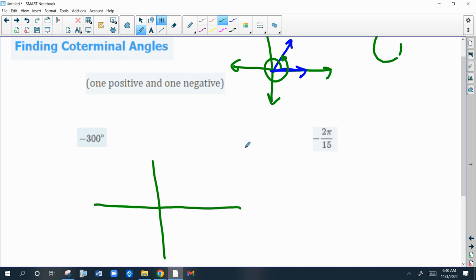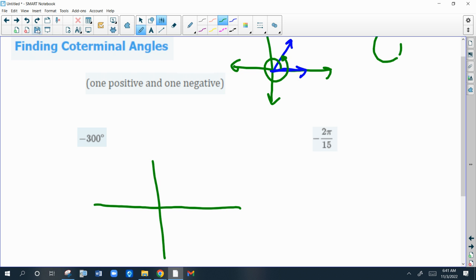Coterminal angles always differ from each other by 360 degrees or a multiple of 360. If you look at this 45-degree angle, it's either 360 degrees bigger, or a multiple, like two 360s, or 360 degrees smaller. So there's no need to draw it like I was about to.